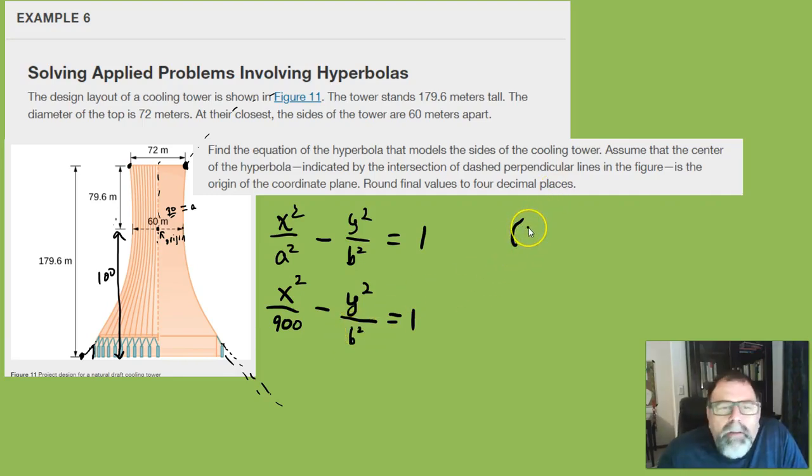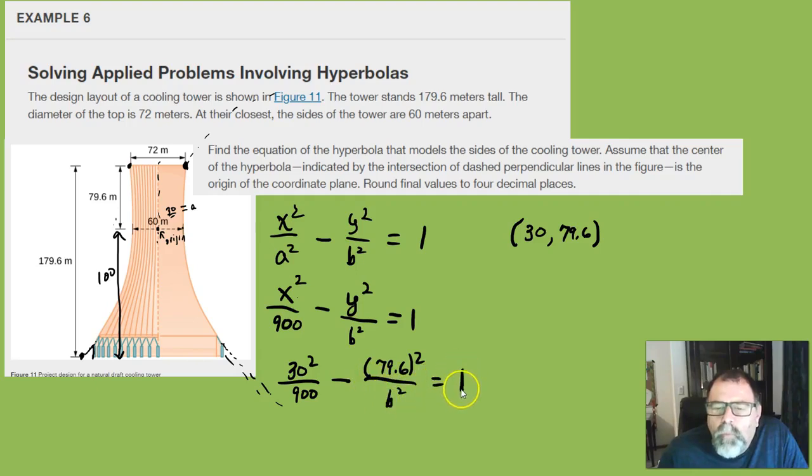So we have a point, 79.6, and we're going to plug that in for x squared and y squared. Okay, so we get 30 squared over 900 minus y squared, which is 79.6 squared over b squared, equals 1.